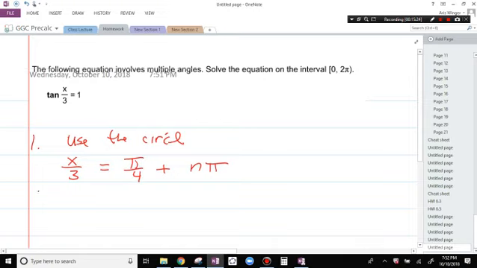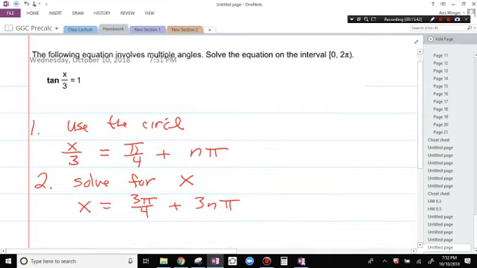We multiply both sides by 3, right? So solve for x. So x is equal to 3 pi over 4 plus 3n pi.